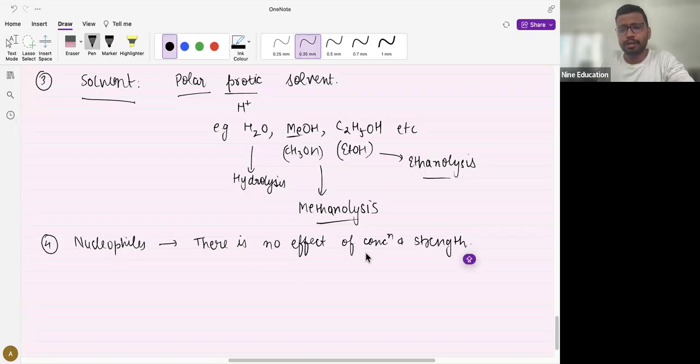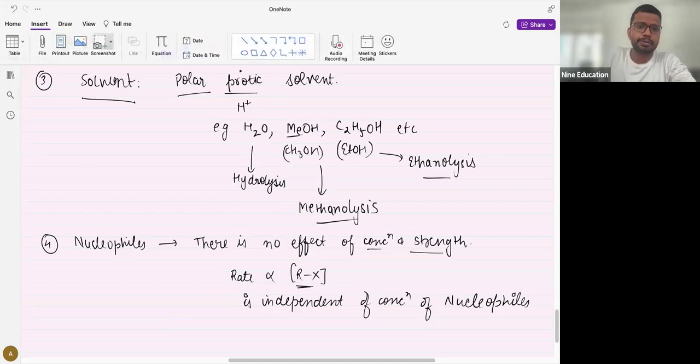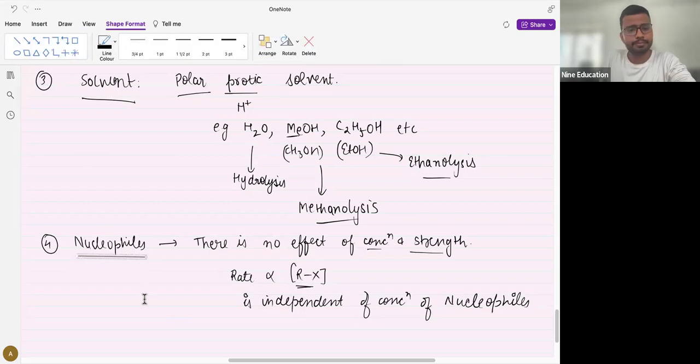So there is no effect of concentration and strength. The rate of the reaction is directly proportional to alkyl halides and is independent of concentration of nucleophiles. So rate does not depend upon concentration of nucleophiles. Rate depends only on the concentration of alkyl halide. ये याद रखना है आपको कि SN1 रिएक्शन में न्यूक्लियोफाइल्स डिपेंडेंट नहीं हैं.